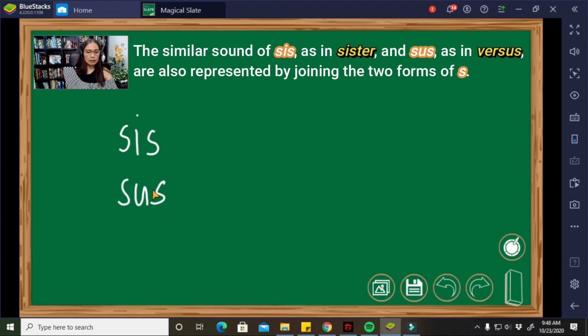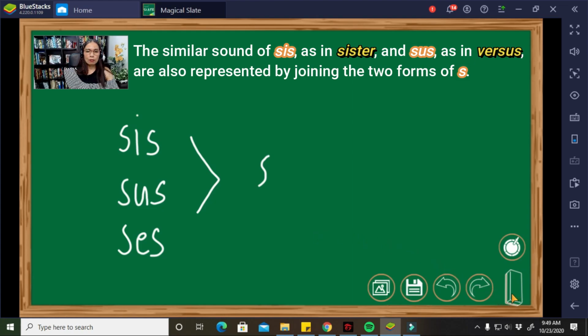Okay, the similar sounds of sis as in sister or sus as in versus are also represented by joining the two forms of S. So we have to follow the same rule as in says. Okay? We have to join the two forms of S. So this is your says, sis, and sus. Alright. So same symbols. Okay.